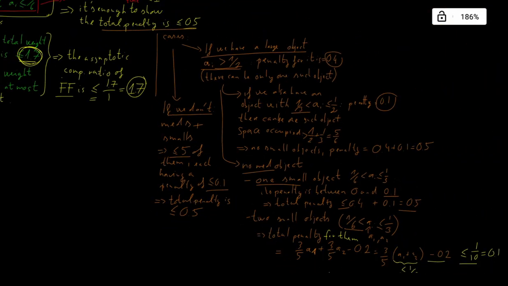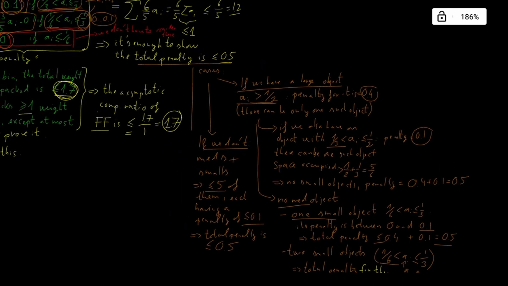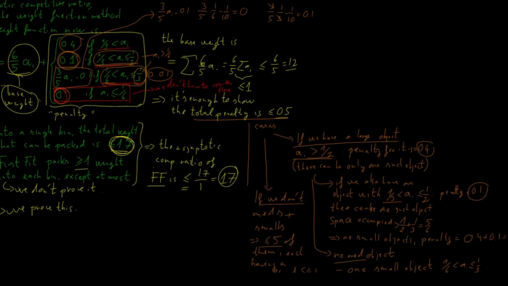We just finished our short case analysis, and we proved that the total penalty is at most 0.5 and the total base weight is at most 1.2, so the total weight is always at most 1.6 in every bin.